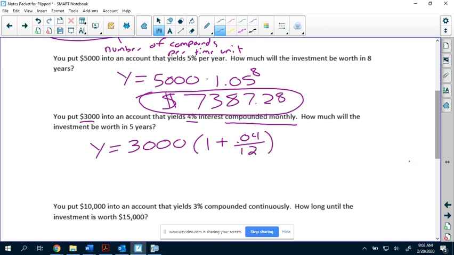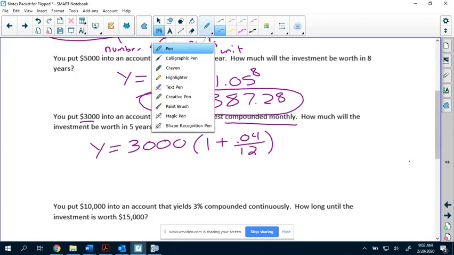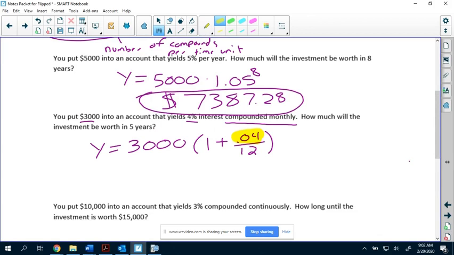Now, in a year, this interest amount that we have in this spot, this interest amount is 1/3 of a percent. We won't be getting that 1/3 percent every year. We're going to be getting it way more often. We're going to be getting it 12 times a year.